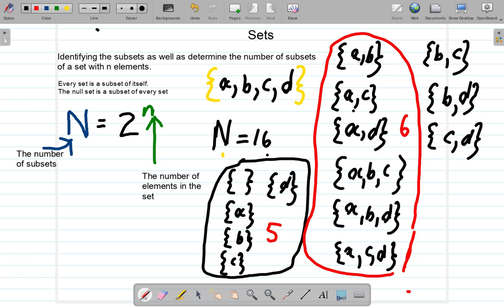Then those that contain 2 elements: AB, AC, AD, BC, BD. We have CD. Those are 3 elements: ABC, ABD, ACD. We didn't have BCD. BCD. And then we have the set itself: A, B, C, D.